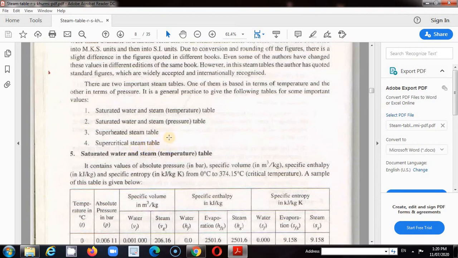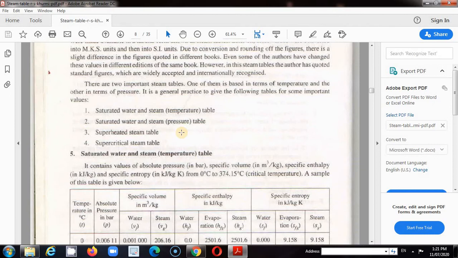So mostly in a steam power plant, the requirement is for superheated steam. When the steam is in wet condition, its dryness fraction is less than 1. When the steam is saturated, meaning there is no moisture content present in it, the dryness fraction is 1.